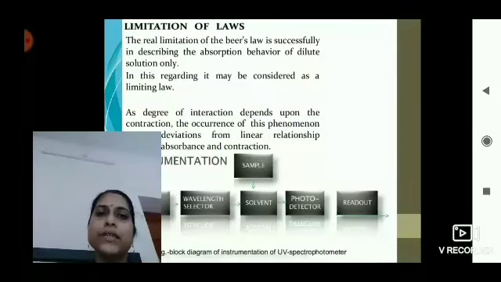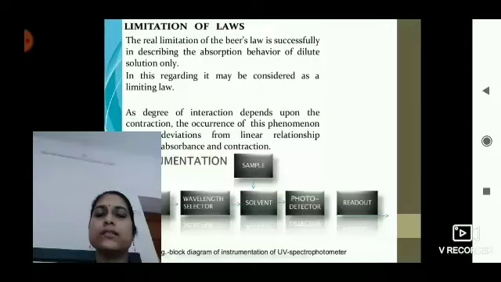Now, what are the limitations of the Lambert-Beer law? This law holds good only for dilute solutions, because when the concentration of the solution increases, it becomes opaque to the incident radiation. When it is really opaque, how will we get the absorbed radiation?